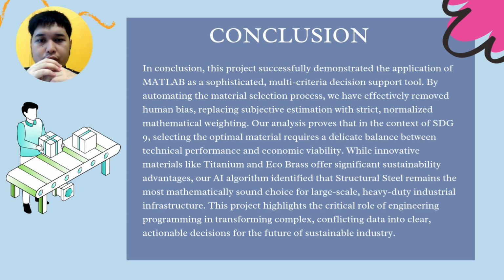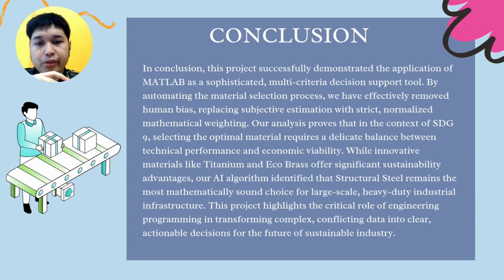In conclusion, this project successfully demonstrated the application of MATLAB as a sophisticated multi-criteria decision support tool. By automating the material selection process, we have effectively removed human bias, replacing subjective estimation with strict, normalized mathematical weighting. Our analysis proved that in the context of SDG 9, selecting the optimal material requires a delicate balance between technical performance and economic viability.